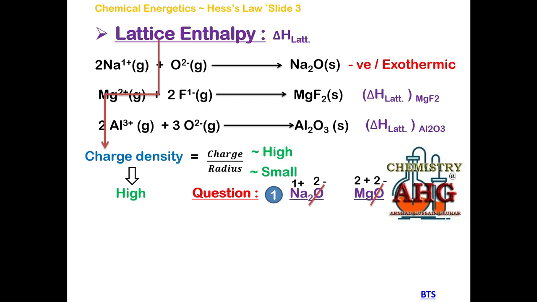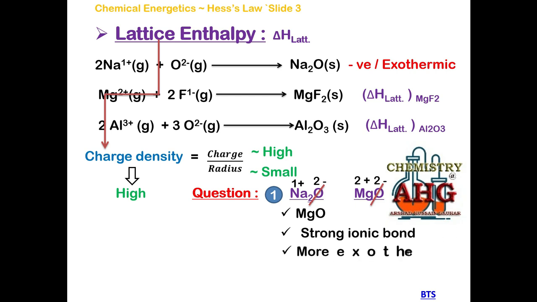It is used as inner lining of the blast furnace. Why? Because it has high melting and boiling point. But right now in A levels, when you are supposed to write down the answer, you will write that magnesium oxide has high melting and boiling point. Why? It has strong ionic bond, since it has more exothermic lattice enthalpy. And why does it have more exothermic lattice enthalpy? Since magnesium ion has higher charge density than that of sodium. Magnesium has higher charge than that of sodium ion.